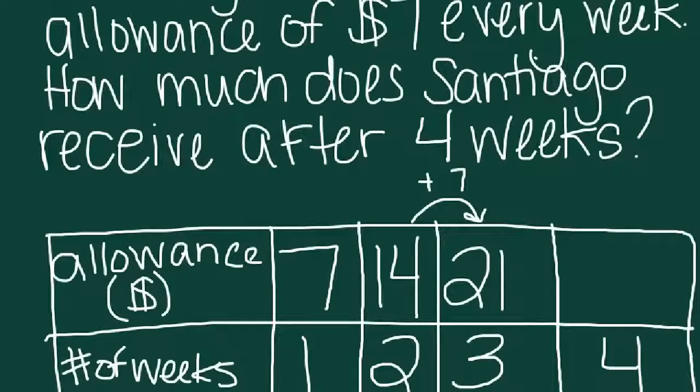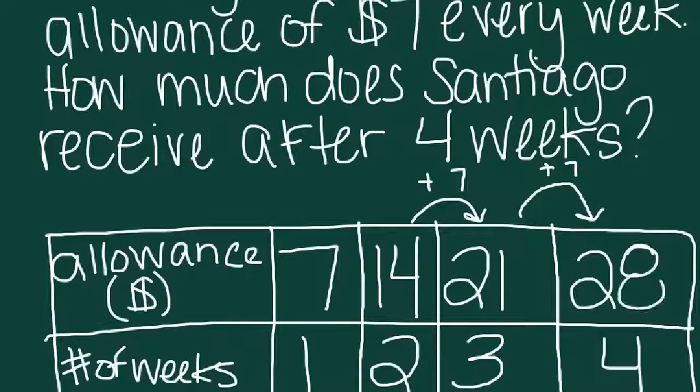Now to finish it up, because our question's asking us after 4 weeks, I can do 21 plus 7, and I get $28. So after 4 weeks, Santiago makes $28 as his allowance.